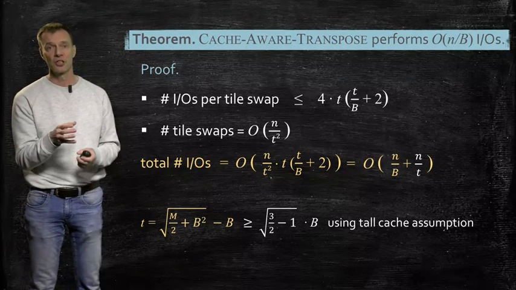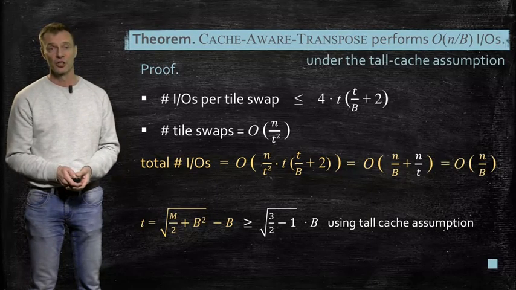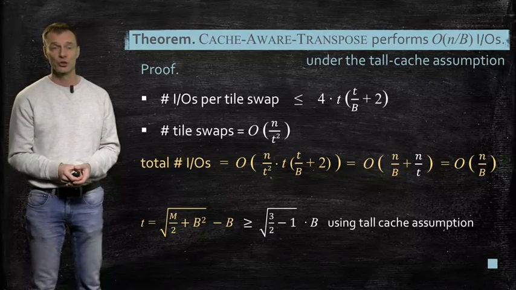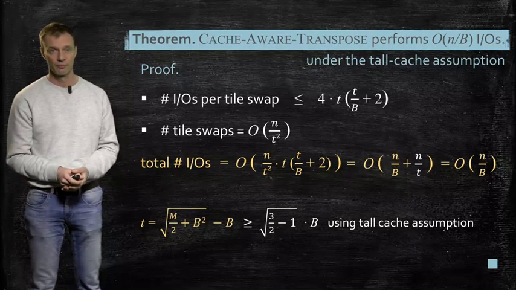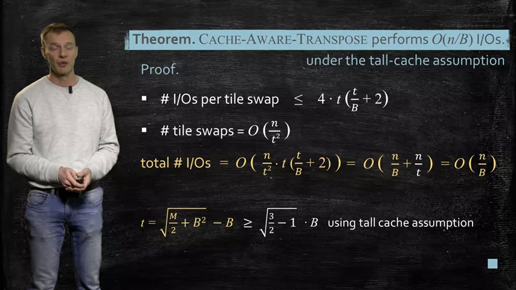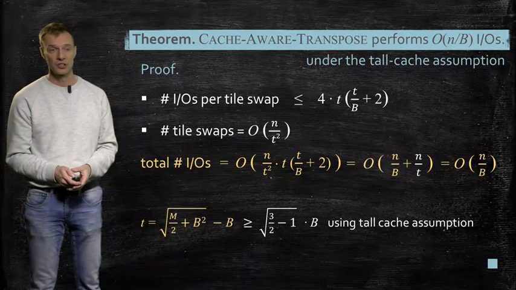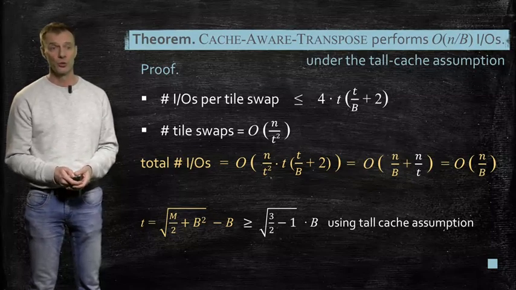But if you plug this in, you will see that this term n divided by t is actually order n divided by b. So in total, I have n divided by b IOs for this algorithm under the tall cache assumption. Okay, so we have this n divided by b, which is much better than the n that we had for the naive algorithm, right? Because remember, this b is maybe 512, or it's pretty big, so this could be a huge speed up.